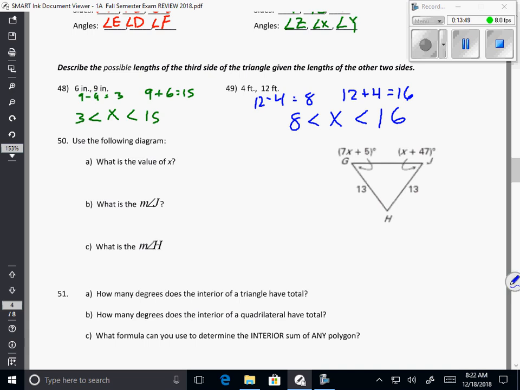All right, on 50. Since these two sides are the same, this makes this an isosceles triangle, which makes those the base angles, and also tells us that they have to be congruent. So 7x plus 5 would be equal to x plus 47.